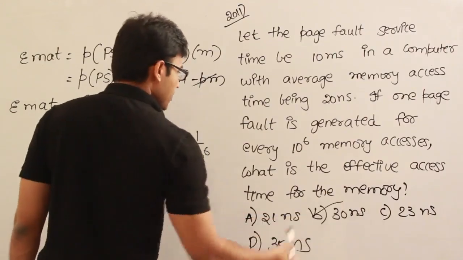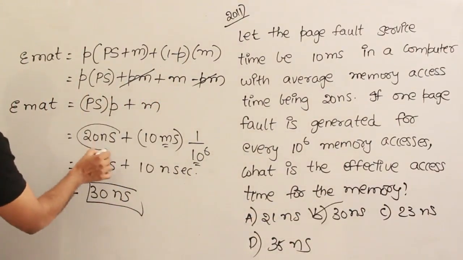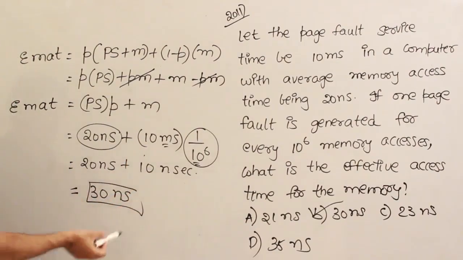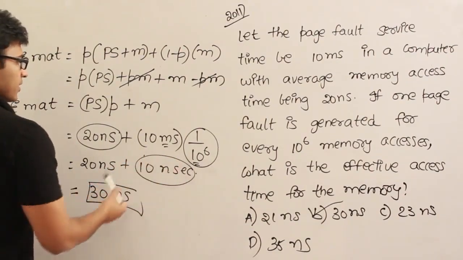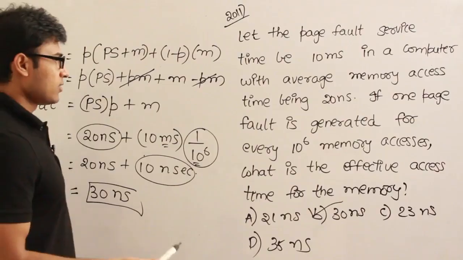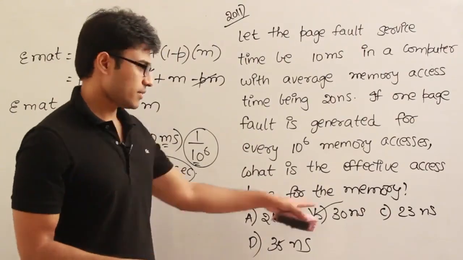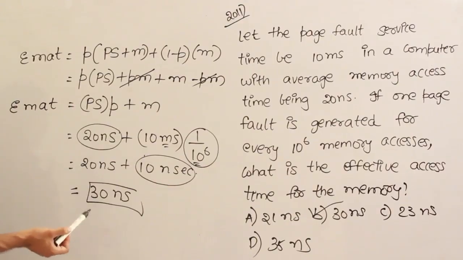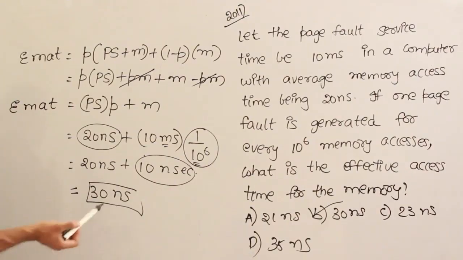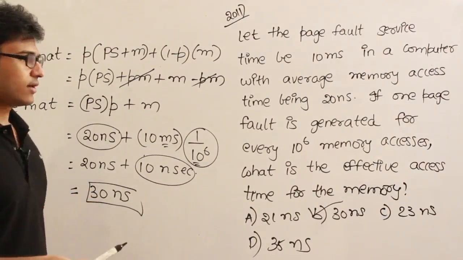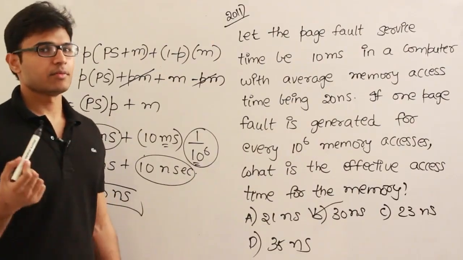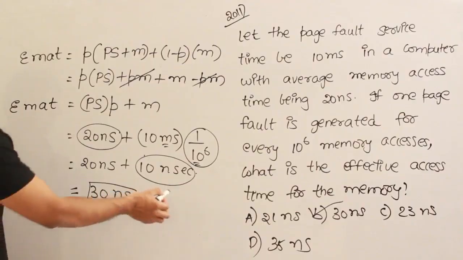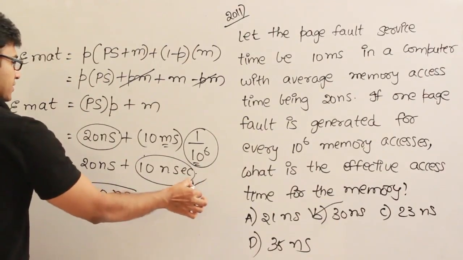So without any page faults, the time taken is 20 nanoseconds; with page faults, the time taken increases on average by 10 nanoseconds. Therefore, on average, in order to access memory, the time taken is going to be 30 nanoseconds, even if the page fault rate is very low. 1 in 1 million is negligible, yet we still have a substantial increase in the effective memory access time.